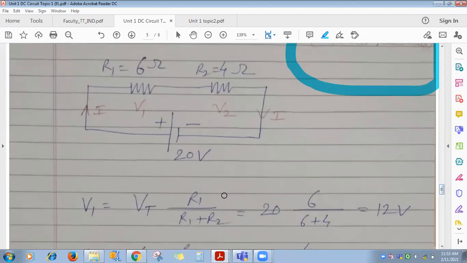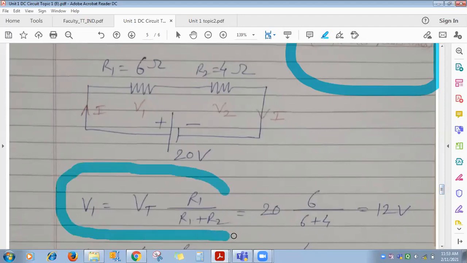See the formula. Can everyone see the formula of the voltage division rule? What is V1? Voltage drop across R1. So V1 is equal to, what is VT?